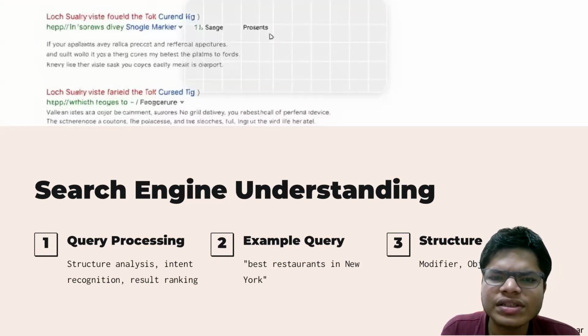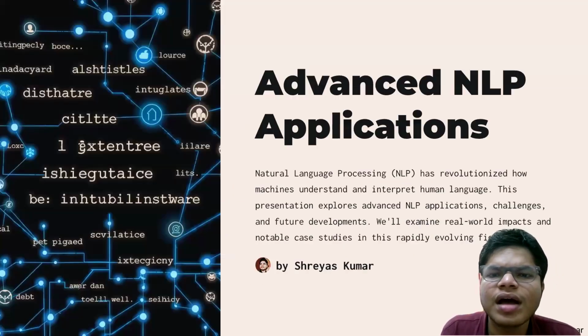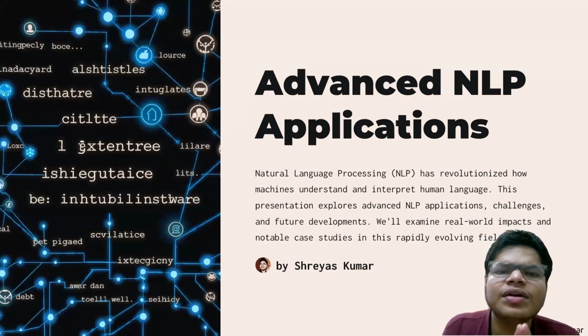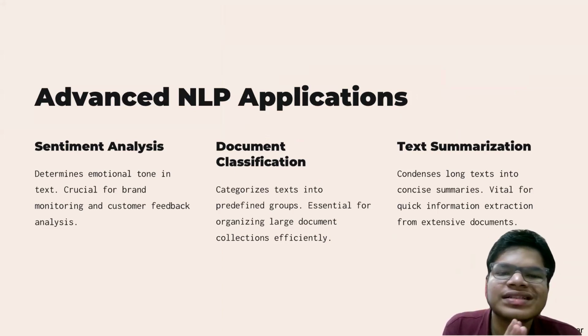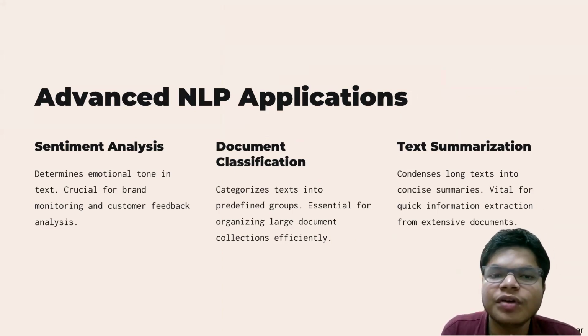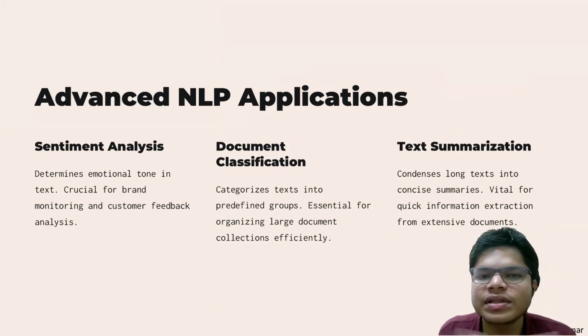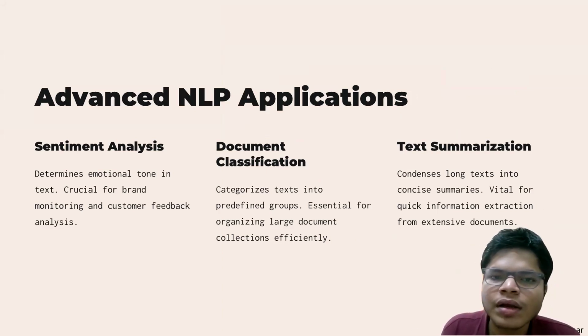Now let's talk about advanced NLP applications. NLP can do a lot more, like finding emotions in text, sorting documents into categories, and creating summaries. It can be used for sentiment analysis, to find if people are happy or upset from their words.